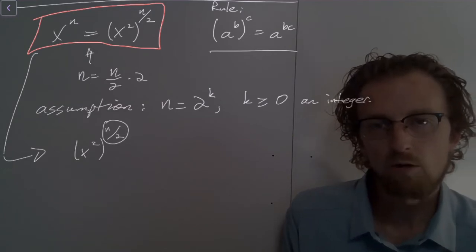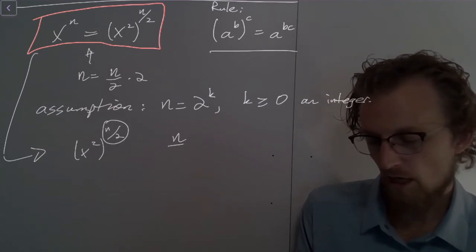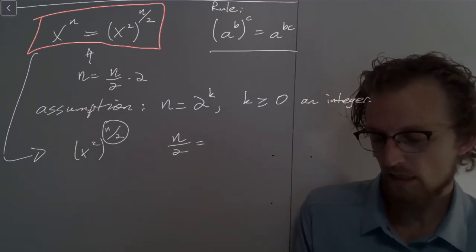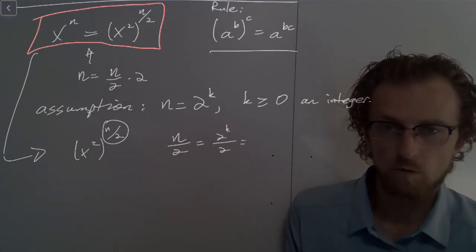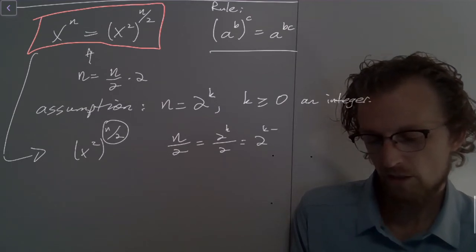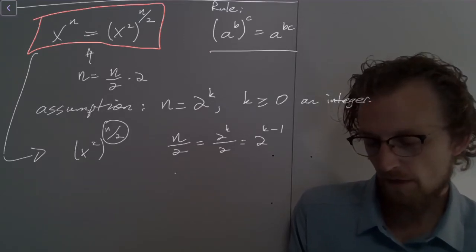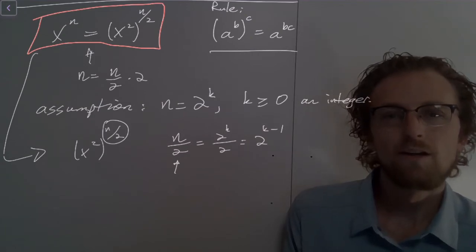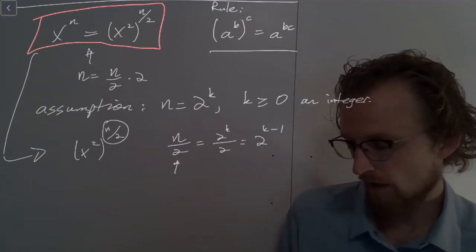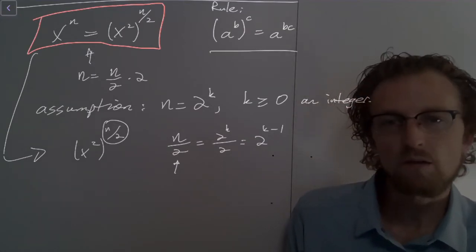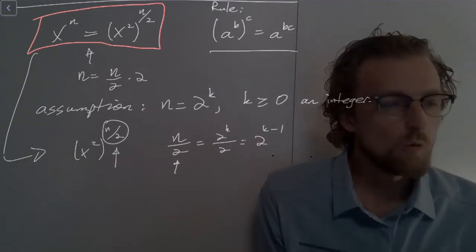If n equals 2 to the k, then n divided by 2 is 2 to the k over 2, which is 2 to the k minus 1. So if n is a power of 2, then so is n over 2, and n over 4, and n over 8, and so on. By assuming it's a power of 2, I guarantee that this is always an integer.